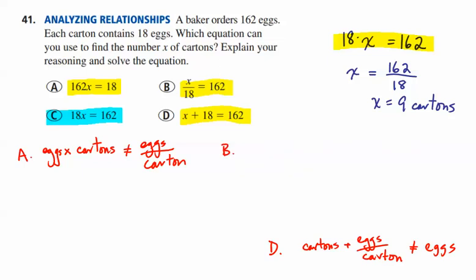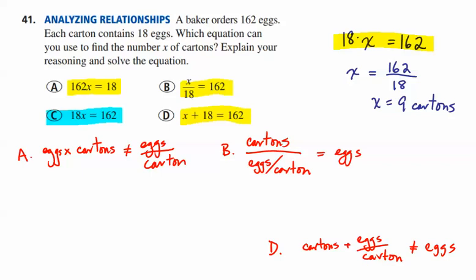In example B, we have x, which refers to cartons, and that's divided by 18, which is eggs per carton, and that has to equal 162, which is eggs again.